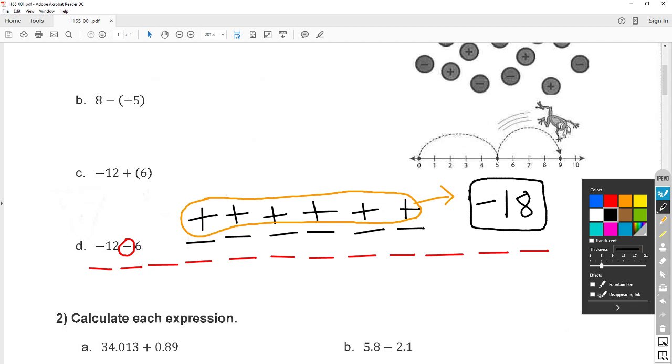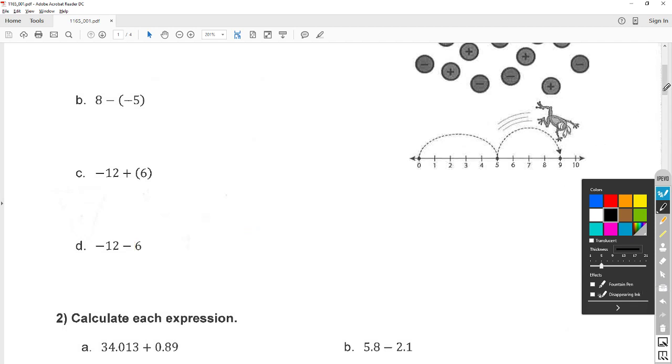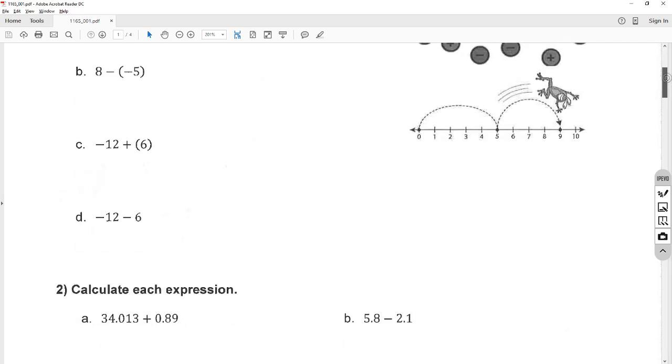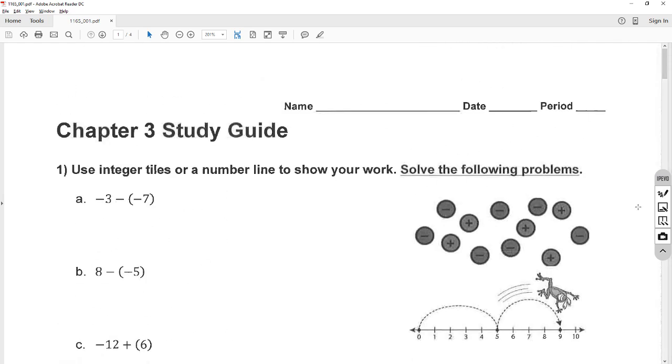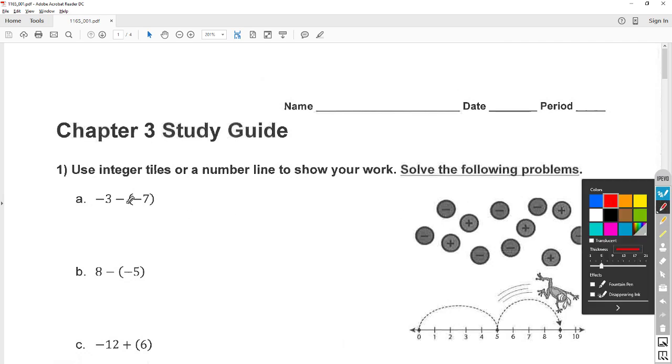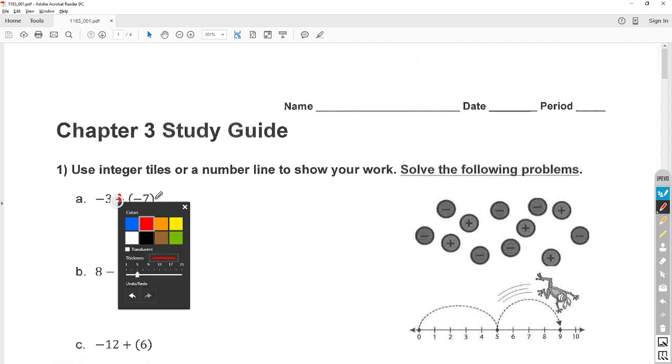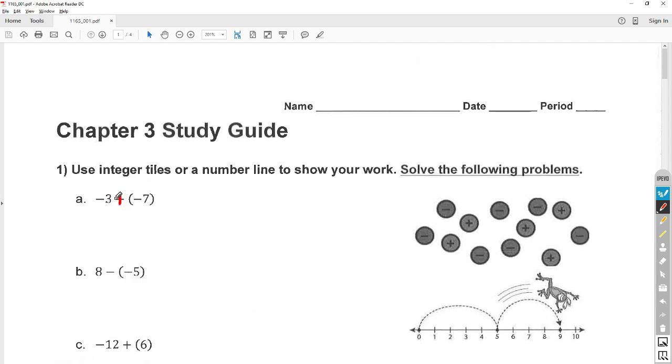All right, so another way we can look at this is to think of what we learned about having two negatives next to each other. So going back to A, you can see that I have two negatives next to each other here. So remember, I can take those two negatives and turn them into positive, positive.